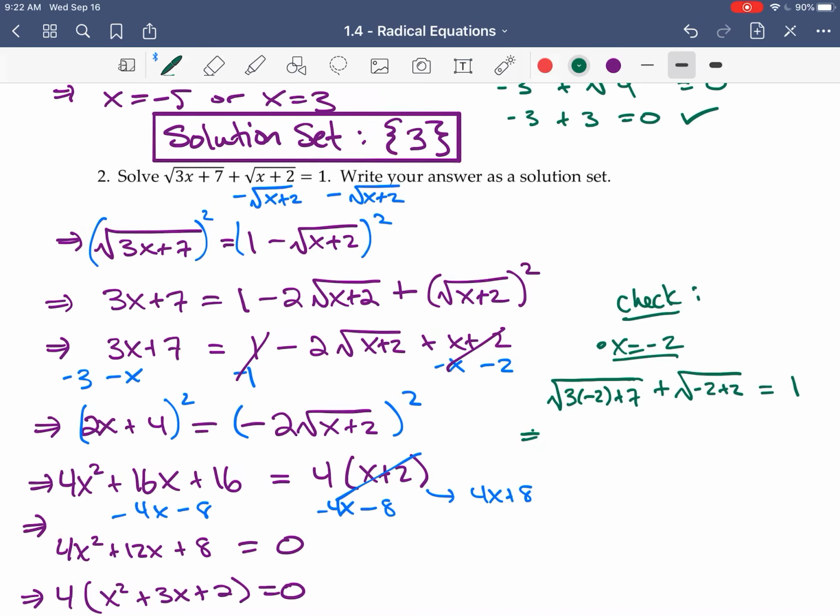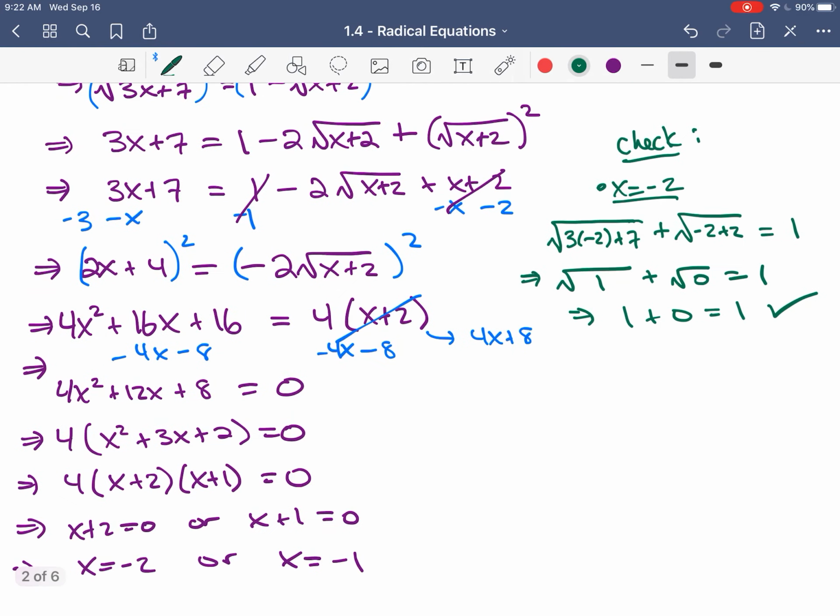So this is square root negative 6 plus 7 is 1. Negative 2 plus 2 is 0. And square root of 0 is 0. Square root of 1 is 1. So I get 1 plus 0 equals 1. So that's true. So x equals negative 2 is a solution.